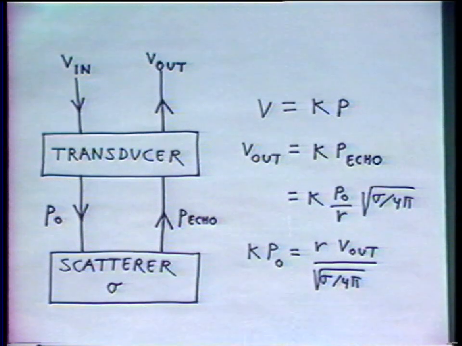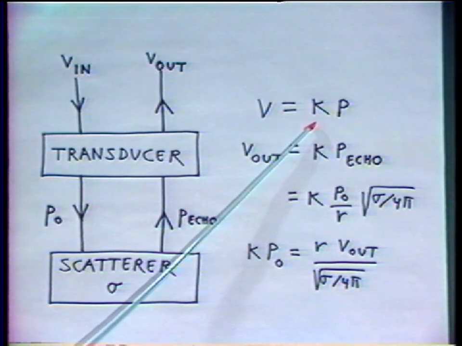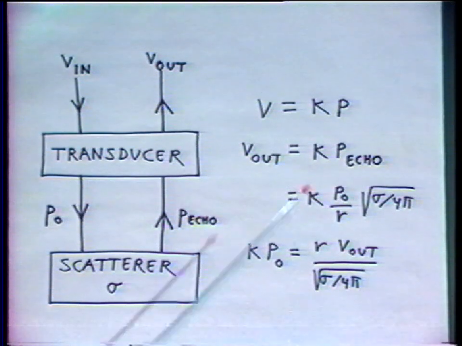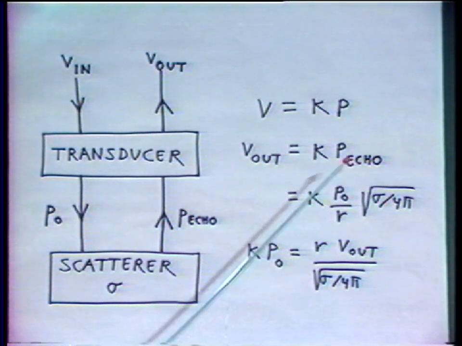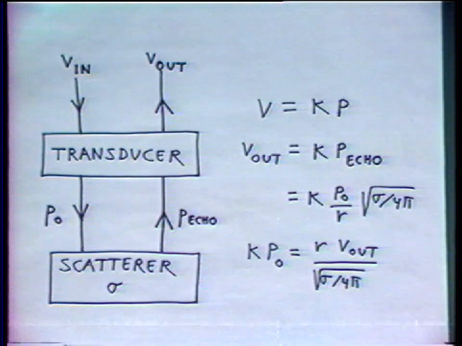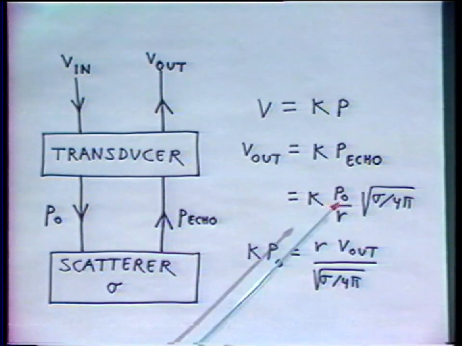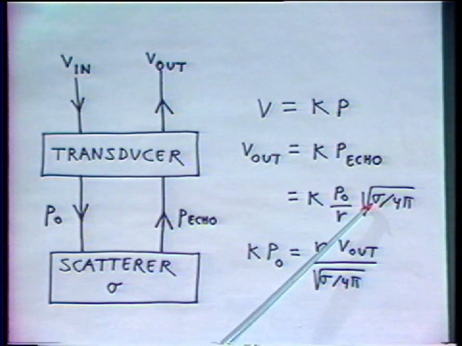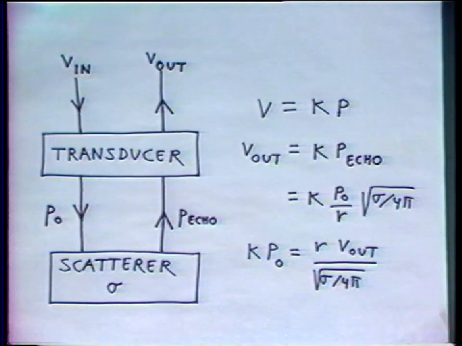For the present application, it is convenient to combine the incident pressure with the calibration constant K. This may be done through the particular equation relating output voltage to echo pressure. The reason is that the echo pressure depends simply on the incident pressure, the range of the target scatterer from the transducer, and the backscattering cross-section of that scatterer.